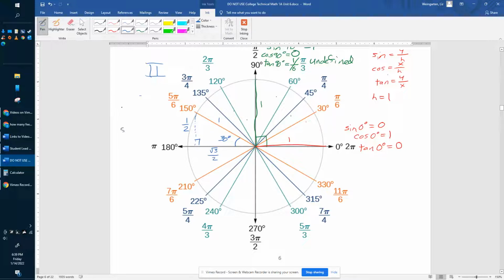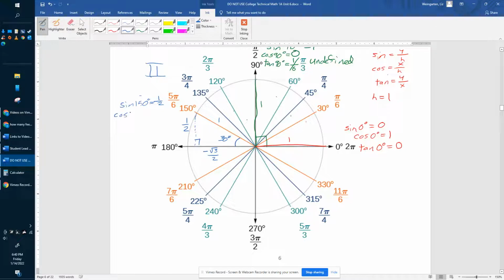So what is sine of 150? Well, look, first let's think about this. It is going to be 1/2 going up, but because we're going to the left of the origin, this is going to be a negative square root of 3 over 2. So sine is going to be opposite over hypotenuse, which is 1/2. So that's positive.